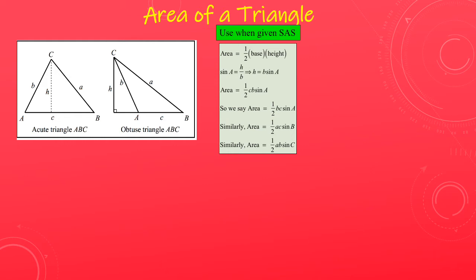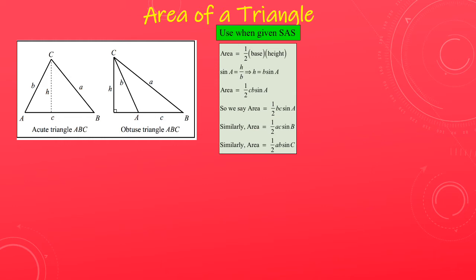And since the sine of angle A is equal to h over b, the hypotenuse, then h is equal to b sine A. So replacing that in the formula, we get the area is equal to 1/2 the base, which is c, times the height, which is b sine A. So we can say that the area is equal to 1/2 bc sine A.